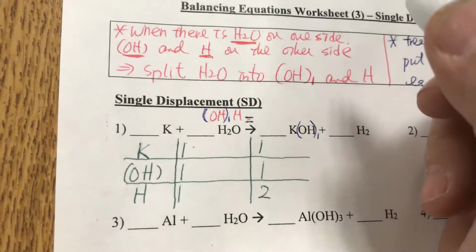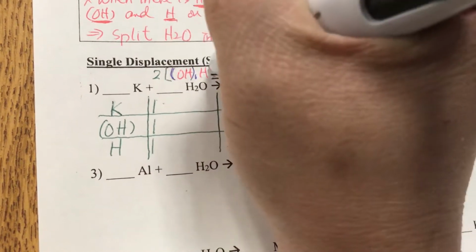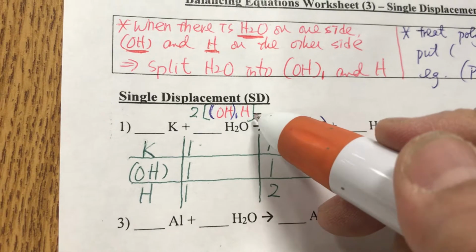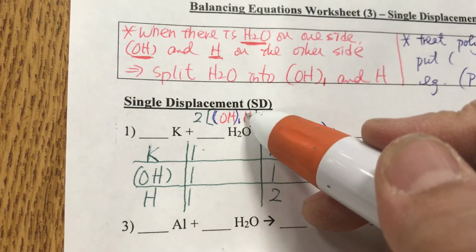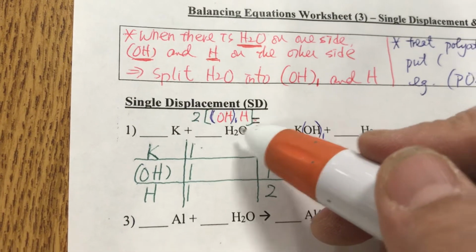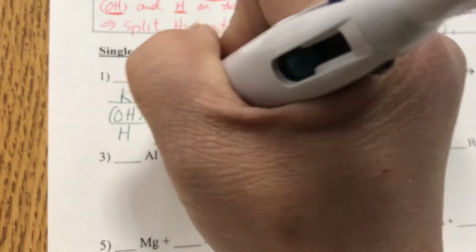So how can I balance the hydrogen? I'm going to put the 2 in front of the whole thing. I cannot put the 2 on the subscript. I cannot put the 2 in front of H only. I have to put the 2 in front of the whole thing. So then I change my OH to be 2, and then I change my hydrogen to be 2.